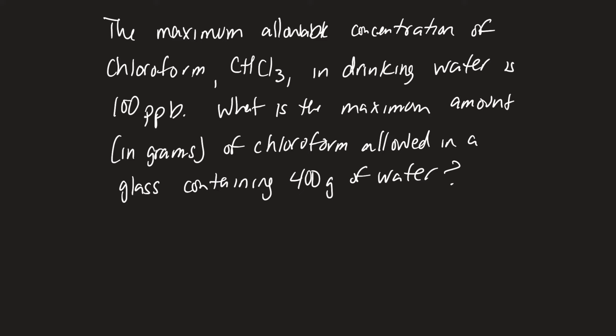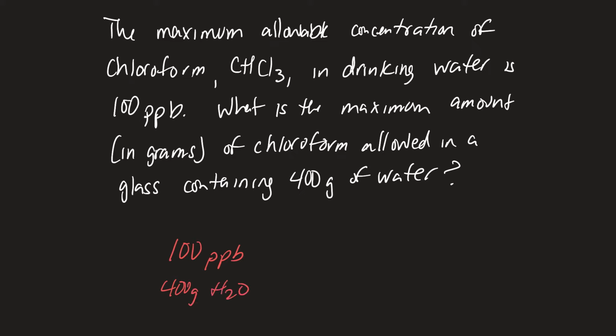Here we have 100 parts per billion, and that's basically the concentration. Then we're trying to figure out how much chloroform can be allowed in 400 grams of H2O, of drinking water.